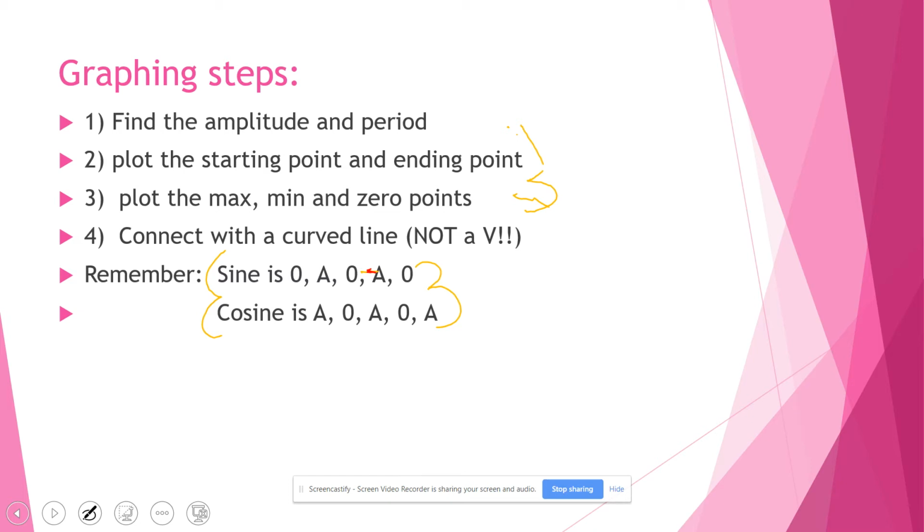And then cosine is amplitude, 0, negative amplitude, 0, amplitude. That's the pattern in general for both of the graphs. And then make sure when you connect your dots, these are not V's, they are curves. So they should have a little flowy, curvy, wavy type deal when you connect them.